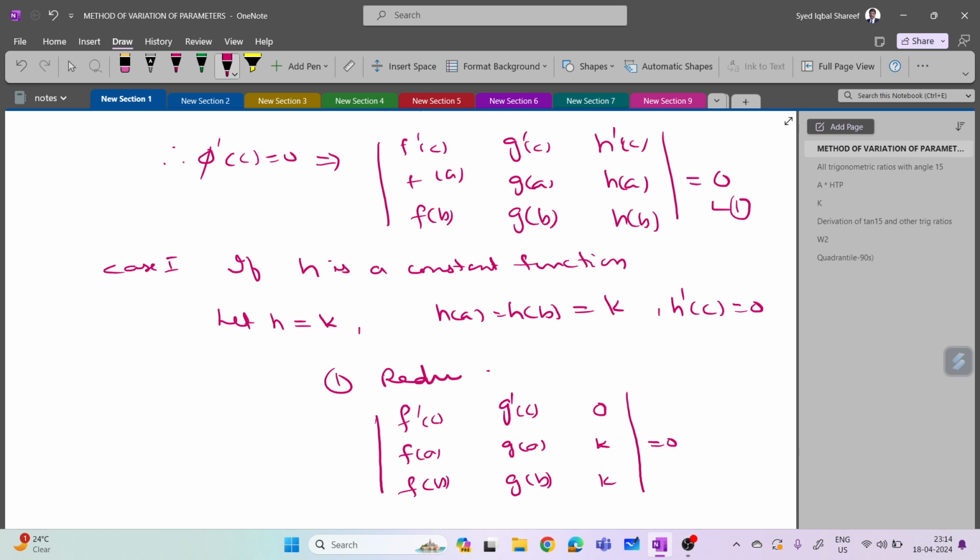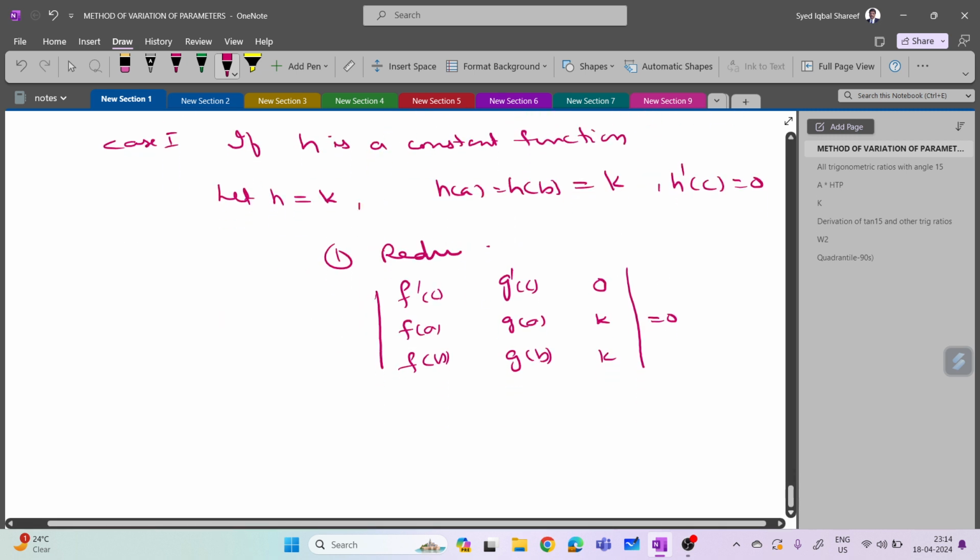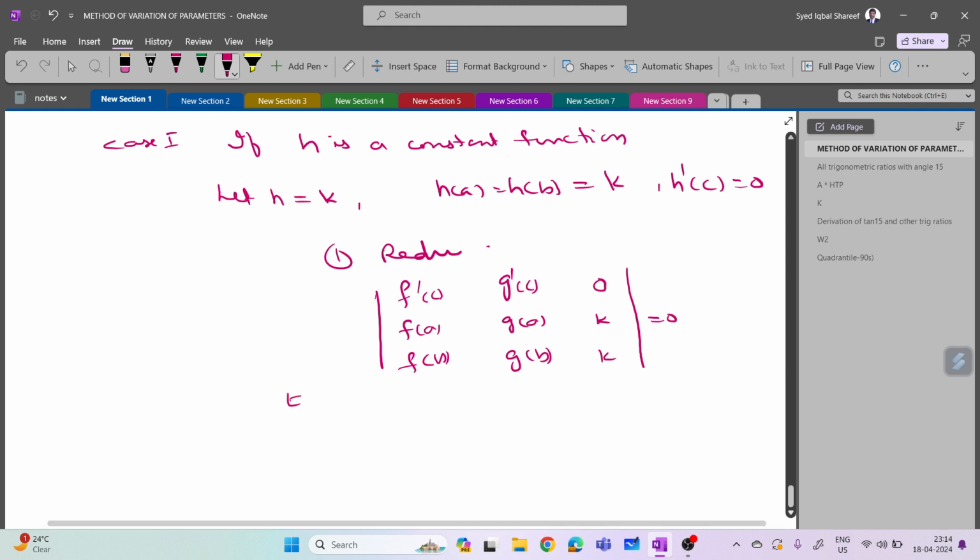Determinant equal to 0. Now expanding the determinant by C3, that is, the third column.